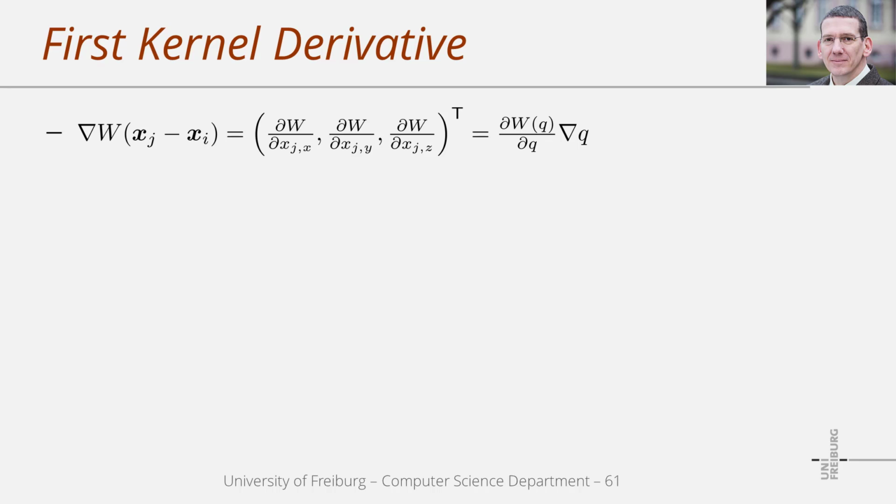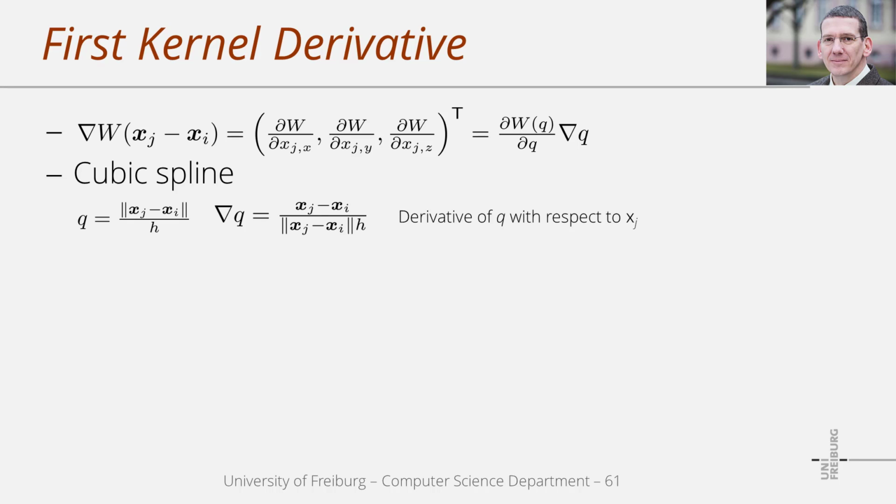If the kernel function is parameterized with the normalized distance q, then the kernel gradient can also be written as the derivative of the kernel with respect to q times the gradient of q, which follows from the chain rule. So from the definition of the cubic spline, we know that q is the normalized distance between i and j, and we get the gradient of q by computing the spatial derivatives of q with respect to all components of the position xj.